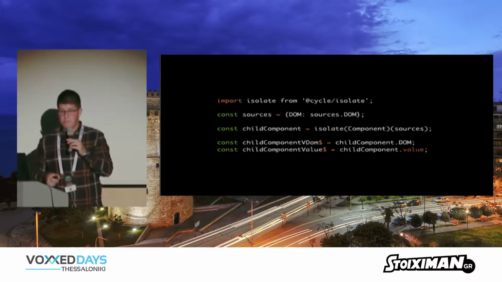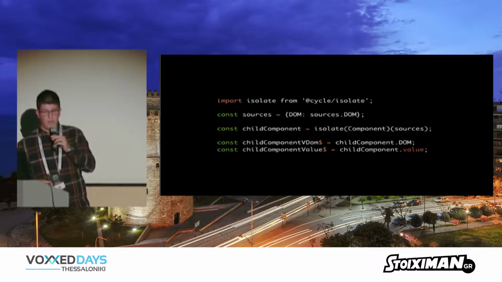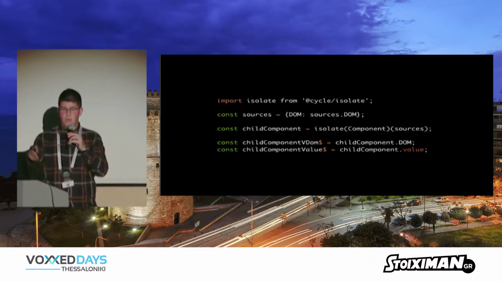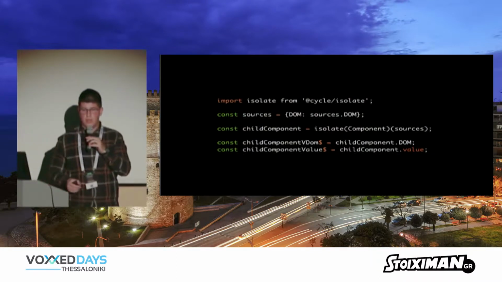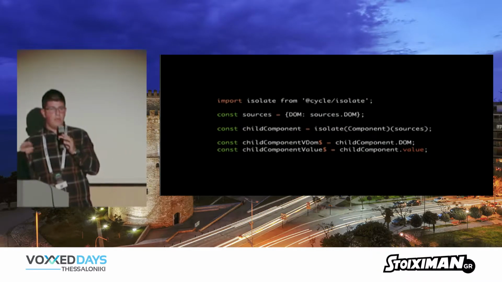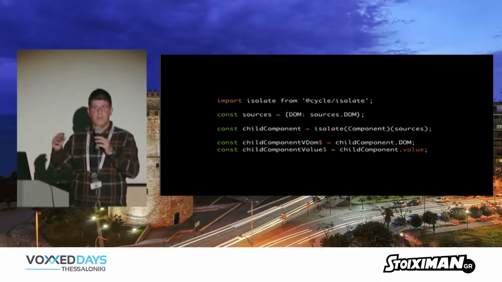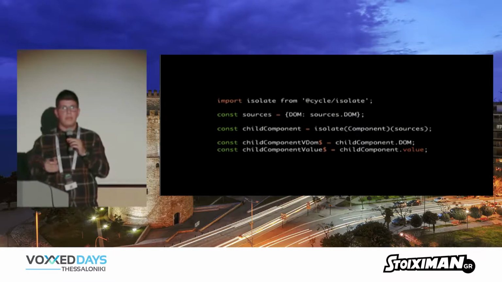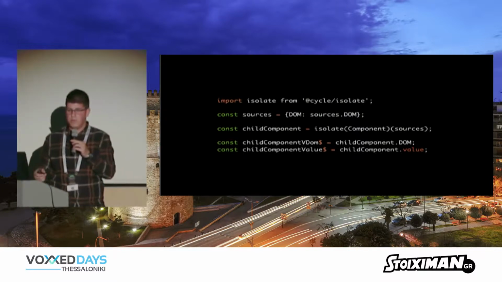So we're using the isolate function for that, importing it at the top. Here we are making our constant sources, that's the object with the streams, with the reference to the streams. Sources is the object of the streams that we want to send to that specific child component.